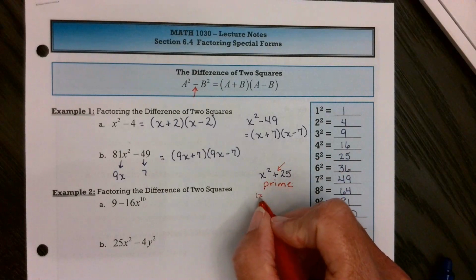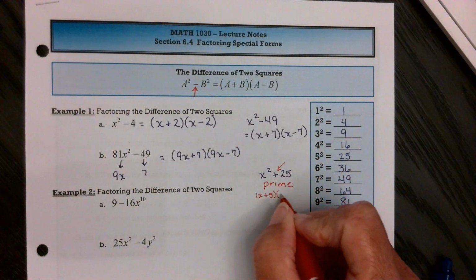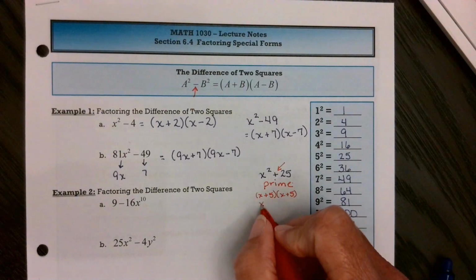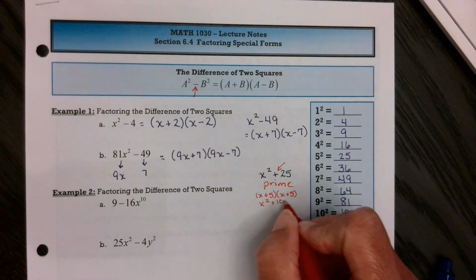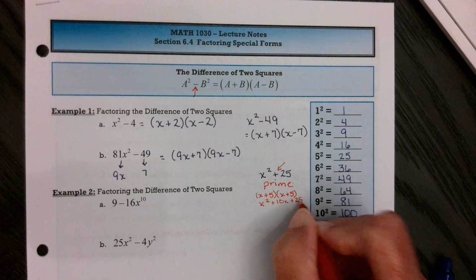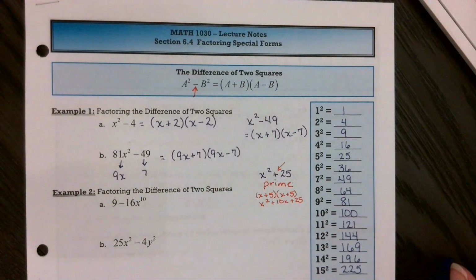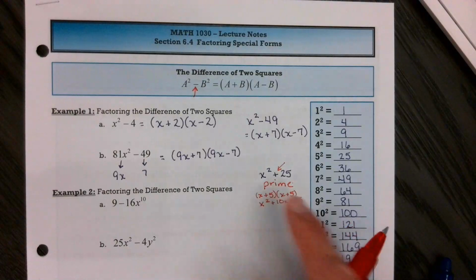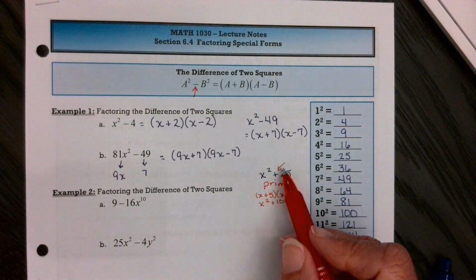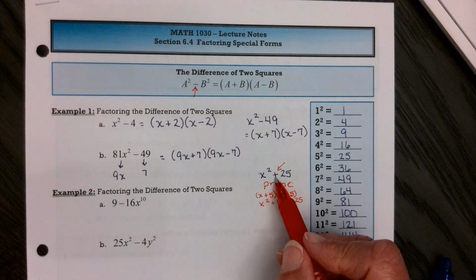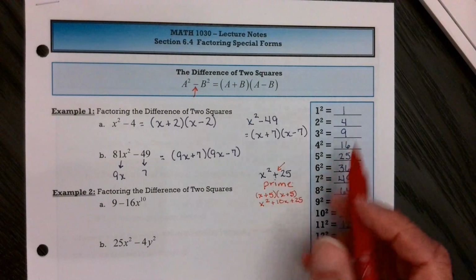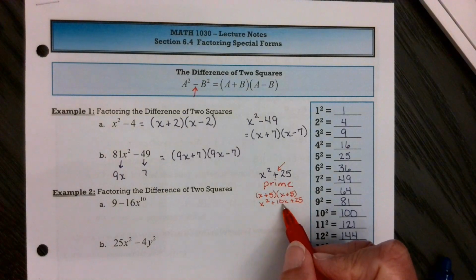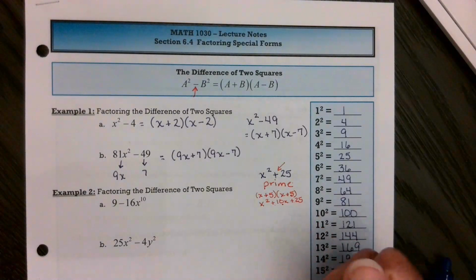Some people are going to say x plus 5 and x plus 5. But when you do FOIL, this gives you x squared plus 10x plus 25. I just kind of skipped to the answer. If you did 1 plus and 1 minus, that would not give you a plus 25. It gives you a negative 25. If you went minus and minus, that's going to give us a negative 10x in the middle, plus 25.